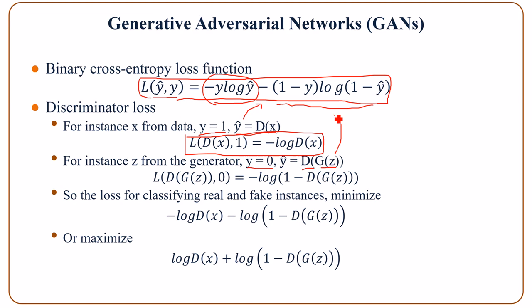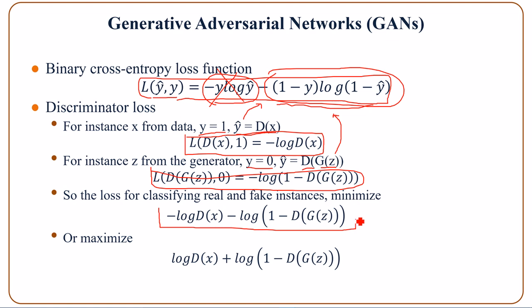Replacing this in here, we can see that the first term is gone in this case, and only the second term is left, which is what we see here. So the loss for classifying the real and the fake instances would be a combination of those, and basically we need to minimize this objective function, or in another way of saying, we maximize this objective function.